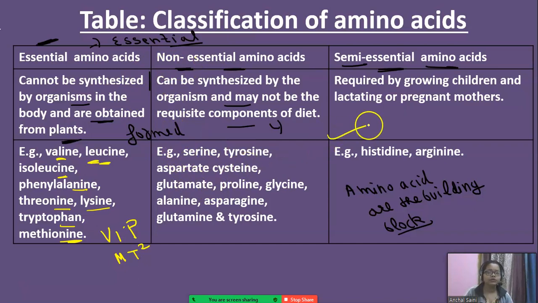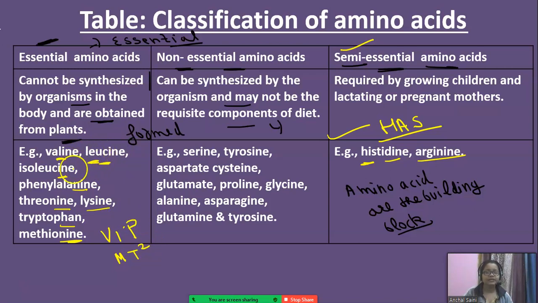But here you can remember two other examples. There are two semi-essential amino acids: histidine and arginine. How can you remember? The trick is HAS. From H, you remember histidine, from A you remember arginine, and from S you remember semi-essential amino acids. So the semi-essential amino acid trick is HAS, and the essential amino acid trick is VIP, M T square.